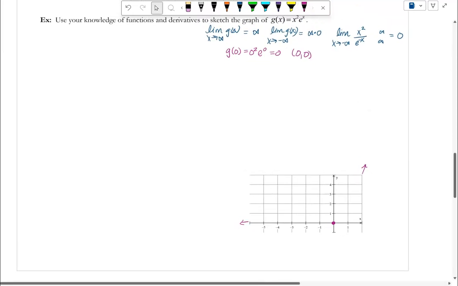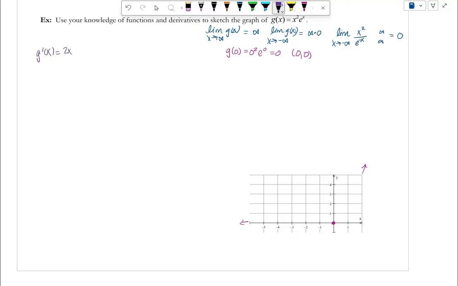All right, so now let's take a look at our first derivative. So g prime of x is going to be 2x e to the x plus x squared e to the x. And again, I'm going to want to factor this. So I'm going to pull out a GCF of x e to the x, and I'm left with (2 plus x) in parentheses.